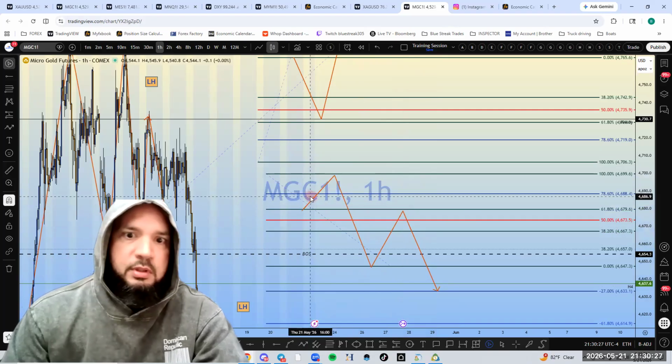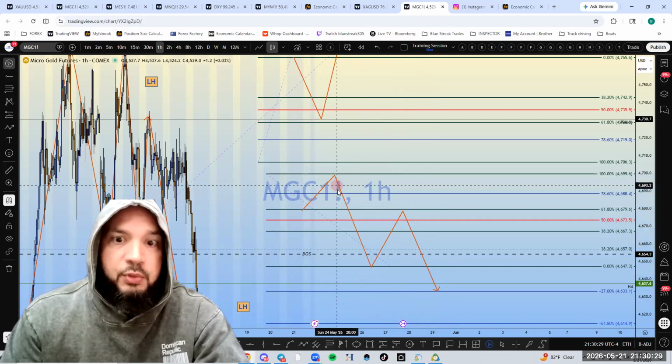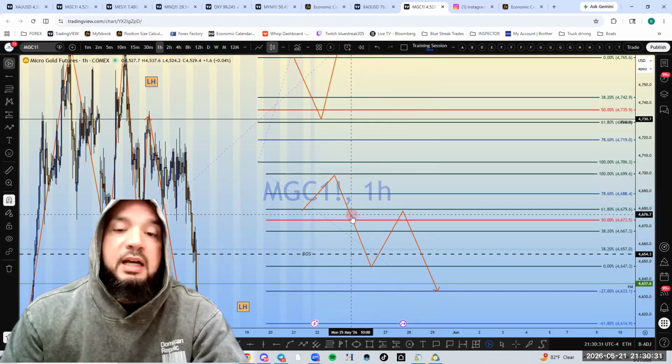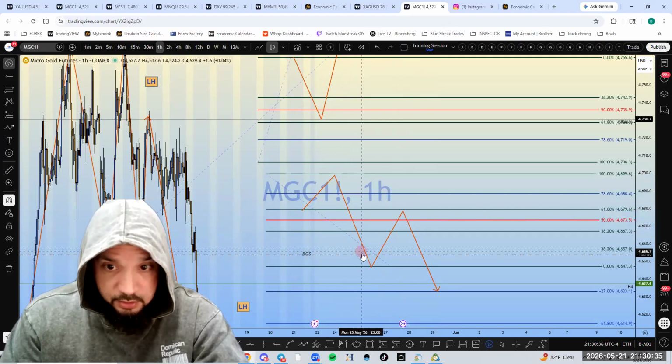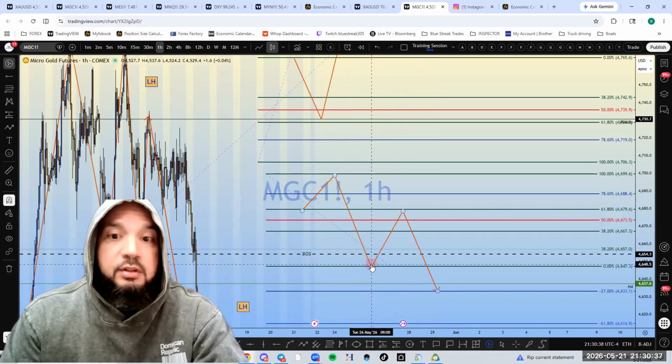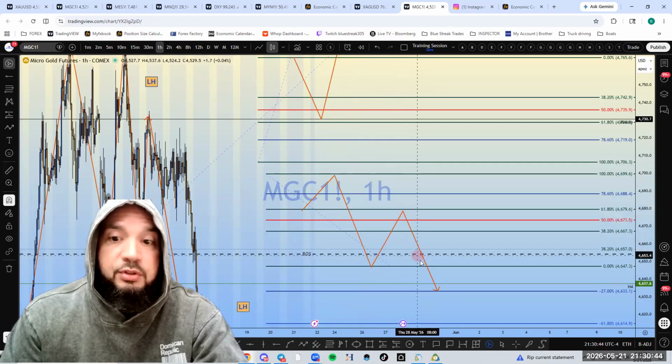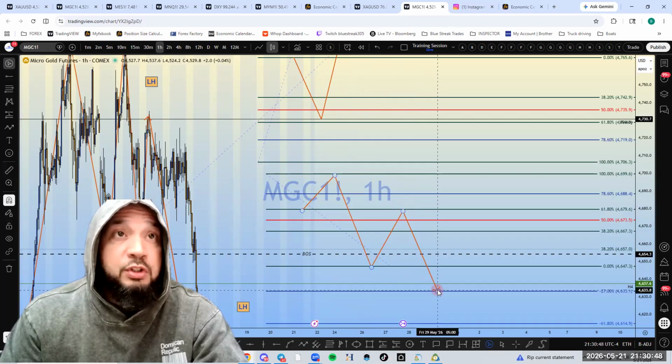Boom. The market started here, broke structure to the downside. Now we know we're in a bear trend. Found support. All we have to do is know that price comes back up to the break of structure and enter here for the short down. We go.